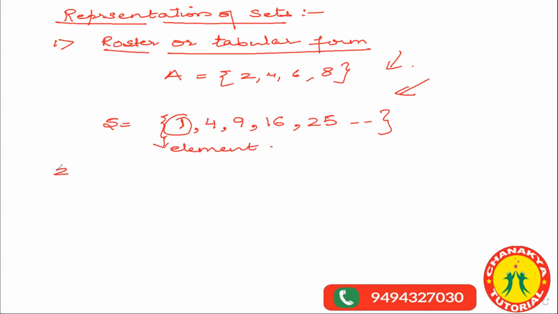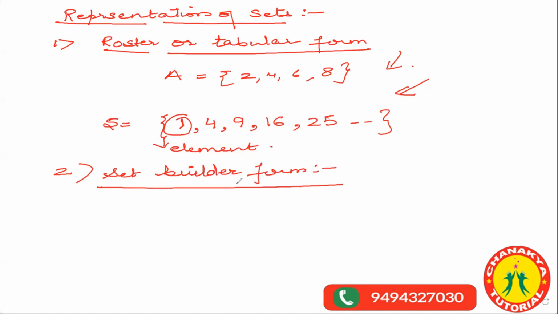Now next is set builder form. In set builder form, sometimes you have seen A is equal to {x such that x is a natural number}.